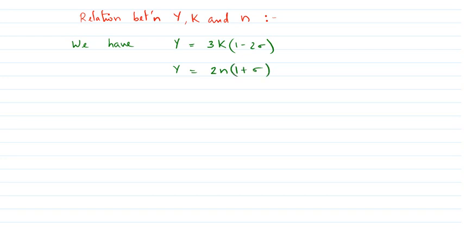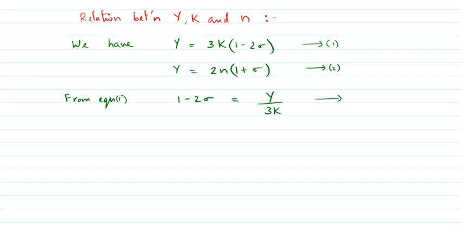This is equation number 1 and this is equation number 2. From equation 1, just rearranging, we can write 1 minus 2 sigma equal to Y divided by 3K.